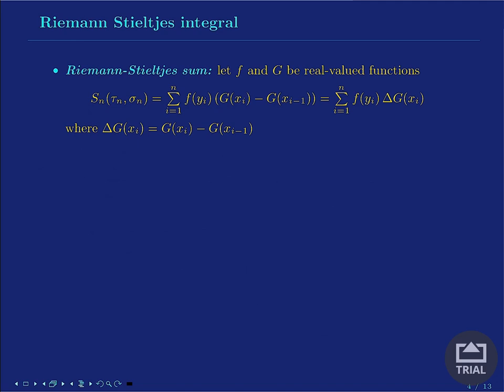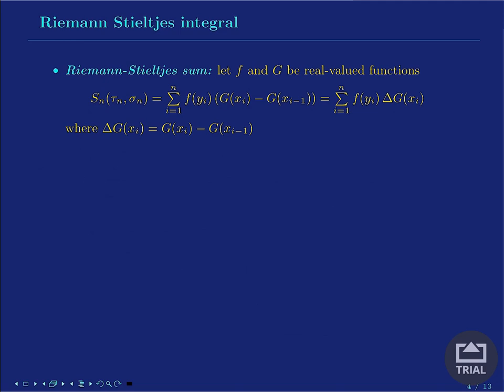Next, in some applications we are not interested in exactly the area under the curve, but the value of the function is additionally weighted in some form. So instead of taking the length of the interval, we have some weight attributed to the interval, which is given by this function g. So we evaluate g at the point xi and subtract g at the point xi minus 1, and this difference, this increment, we also denote by delta g xi.